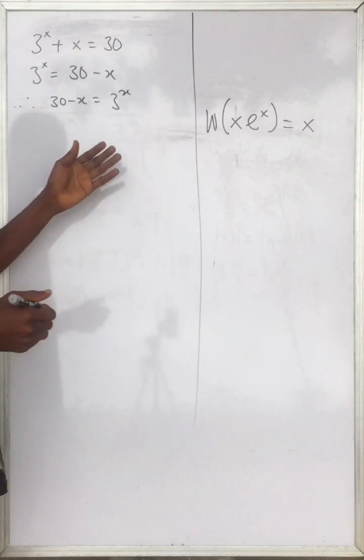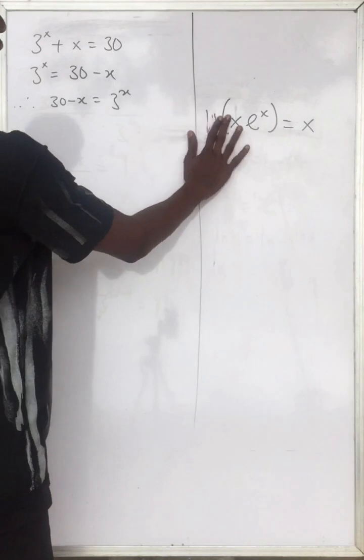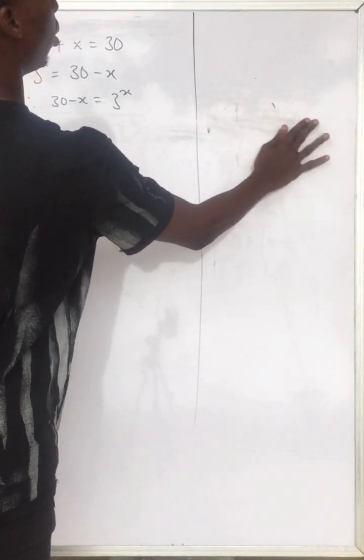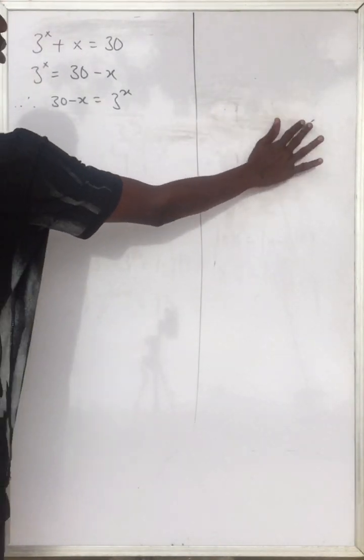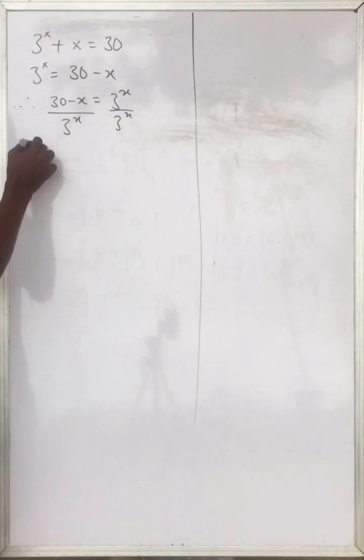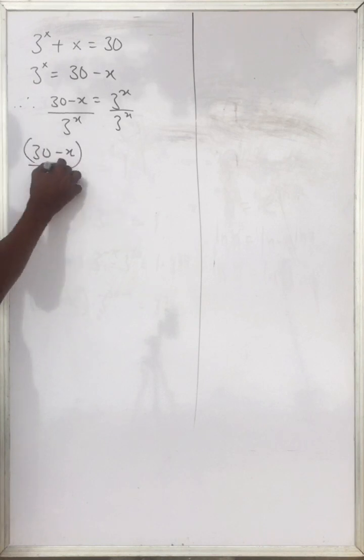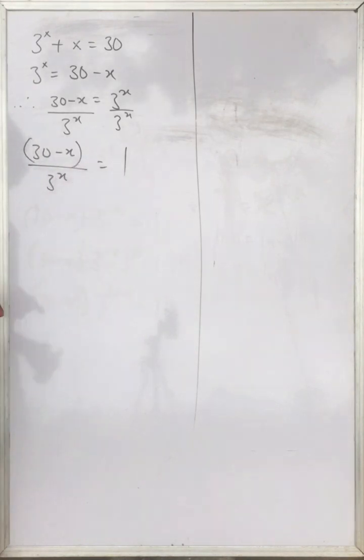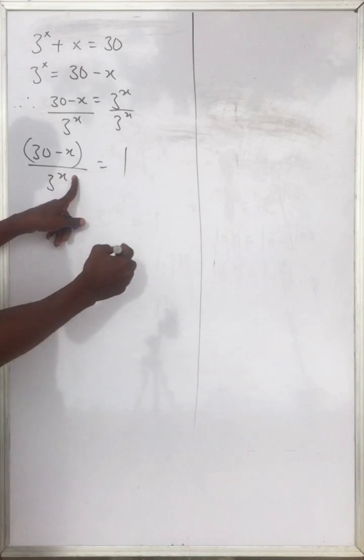The next thing you are going to do is divide both sides by 3^x. Dividing both sides by 3^x gives you (30 minus x) over 3^x equals 1. Take note of this particular part here.